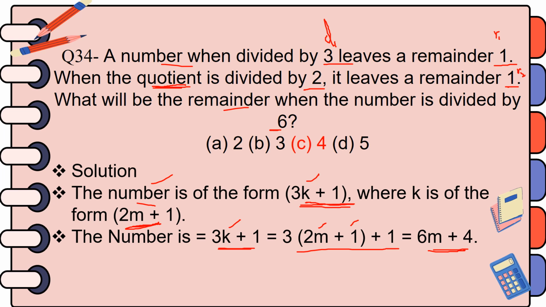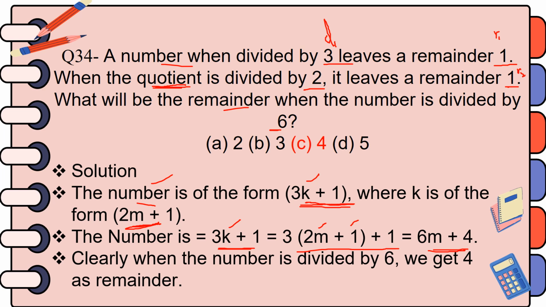Now divide this number by 6, the third information. When you divide 6M plus 4 by 6, 6M can be divided by 6, giving M. Then 4 cannot be divided by 6.